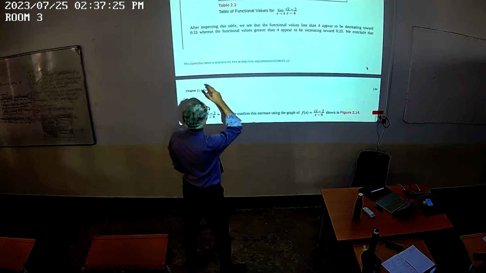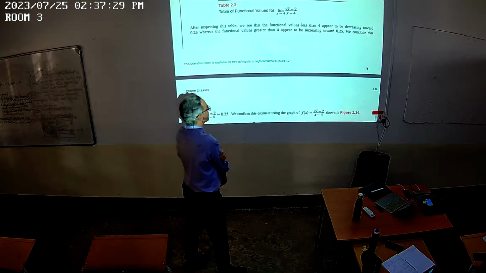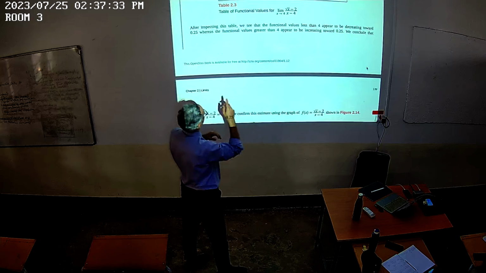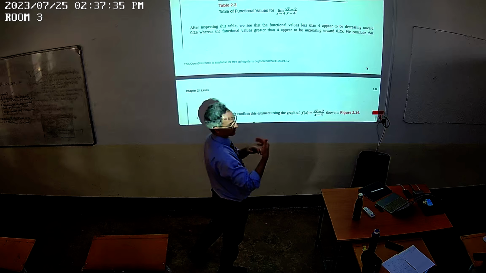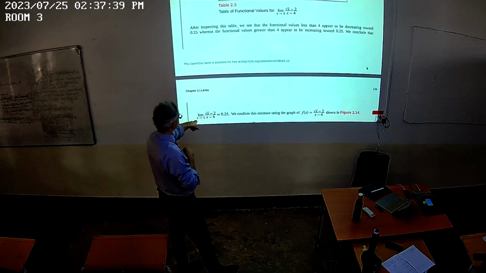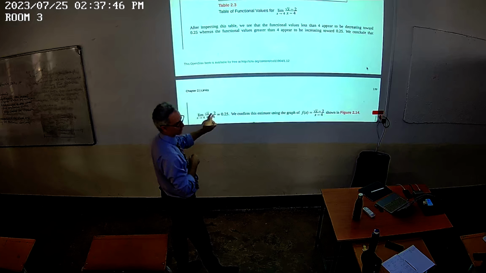After inspecting the table, we see the functional values less than 4 are decreasing towards 0.25, and the values that were greater than 4 are increasing toward 0.25. So we conclude that the limit of the square root of x minus 2 over x minus 4, as x approaches 4, is 0.25.